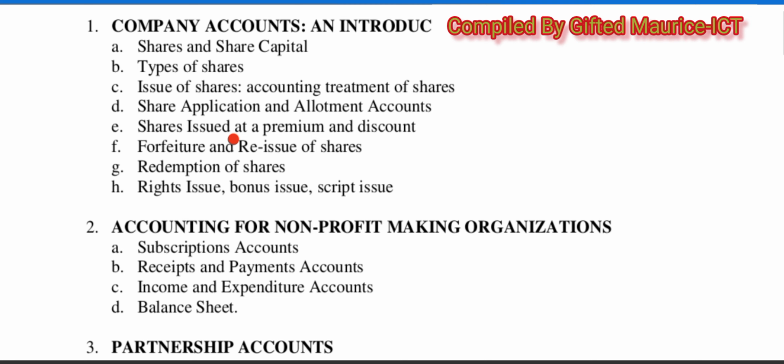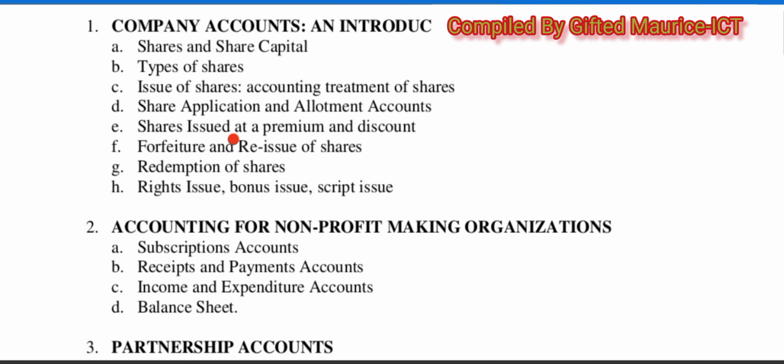let's say 90 shillings. But the Companies Act of 2015 does not permit the issue of shares at a discount, because that will amount to a reduction in the share capital.